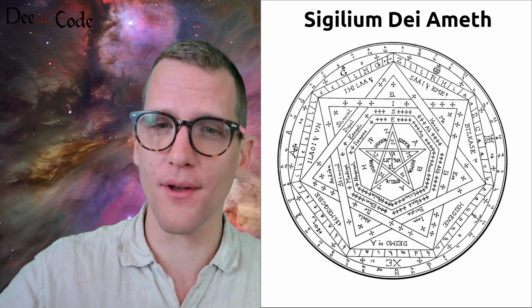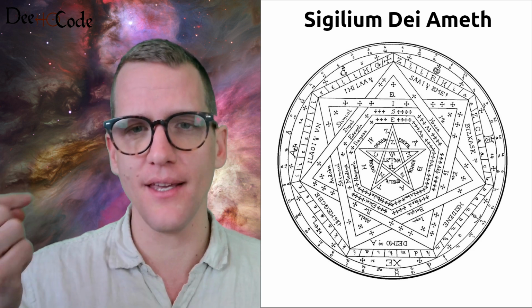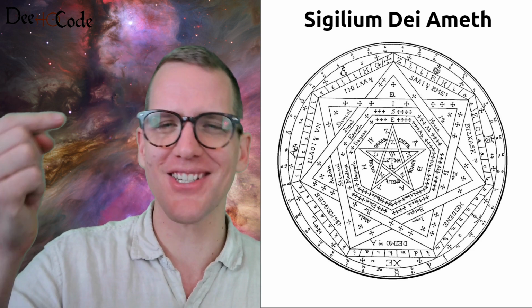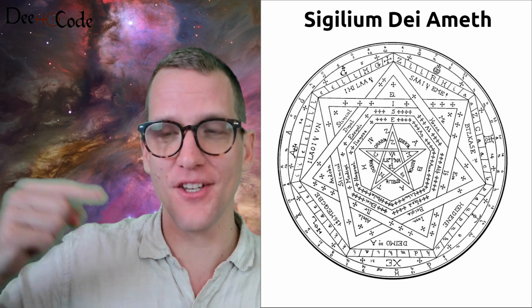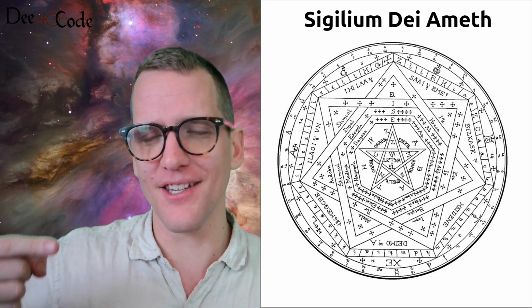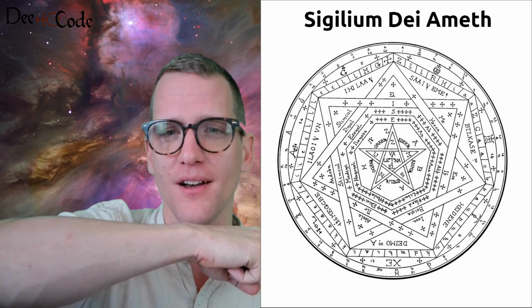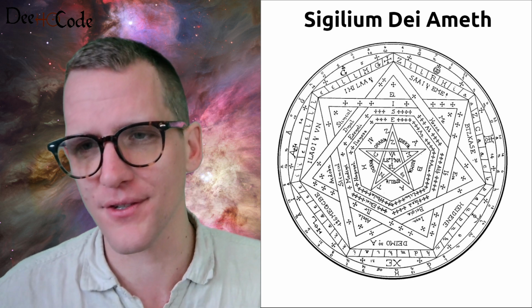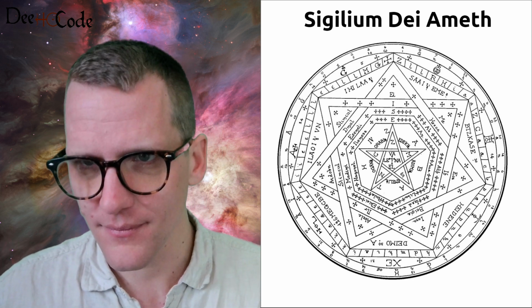You can start with a capital letter, like in the top right, there's a capital G with a 9 above it. The 9 means you go 9 spaces to the right, and then you have the next letter. Then you follow whatever the number says. If it's below the letter, you go counterclockwise and vice versa. Then you get all of those names, actually.